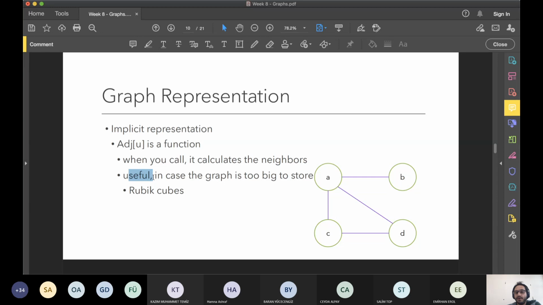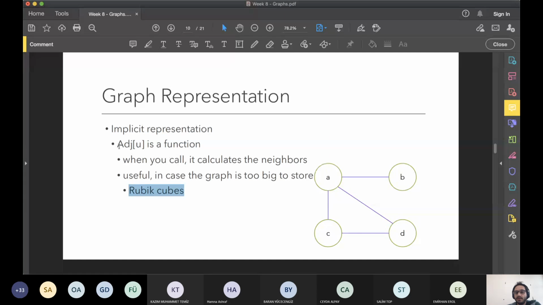This representation is useful when the graph is too big to store. Assume that for the Rubik's cube, we have millions of states. Storing all of them with the edges and the vertices takes so much memory. But if we define a function that calculates the neighbors, and we give it A, it calculates all of the neighbors.